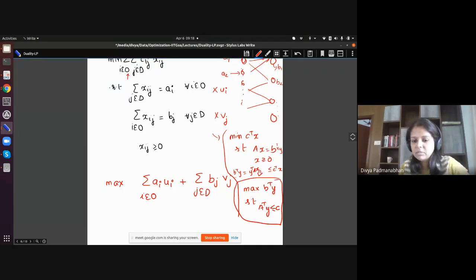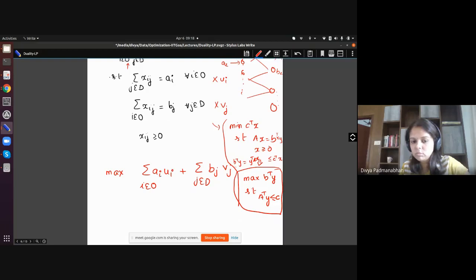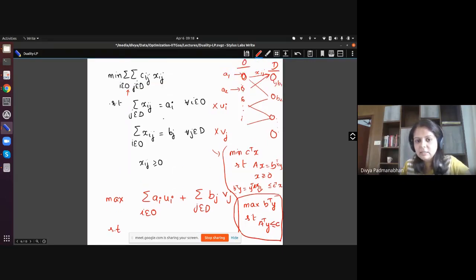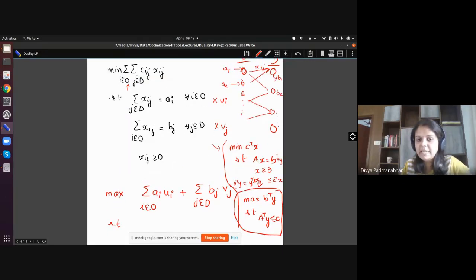Now I'm going to substitute this here. Maximize summation ai ui plus summation bj vj, such that these constraints hold. For each xij, you take the coefficients, after multiplying each of these with ui and these with vj.